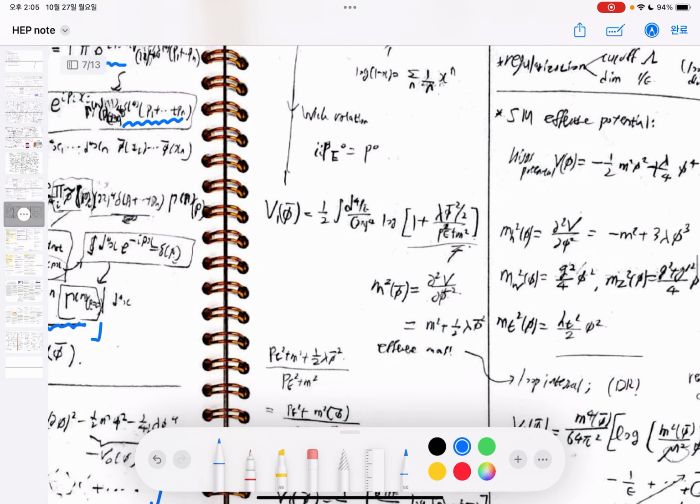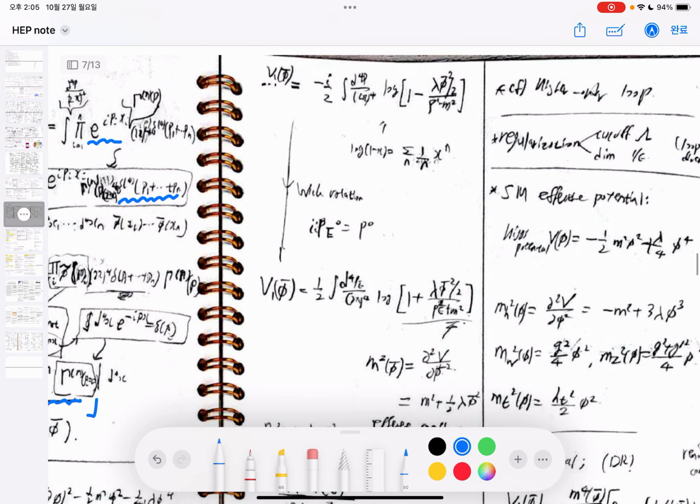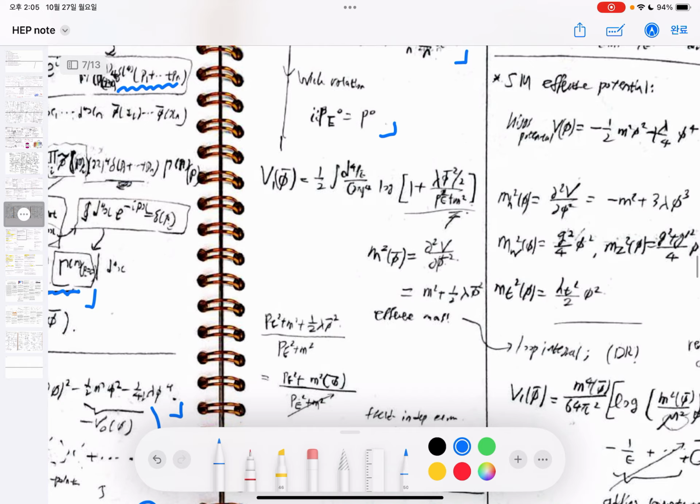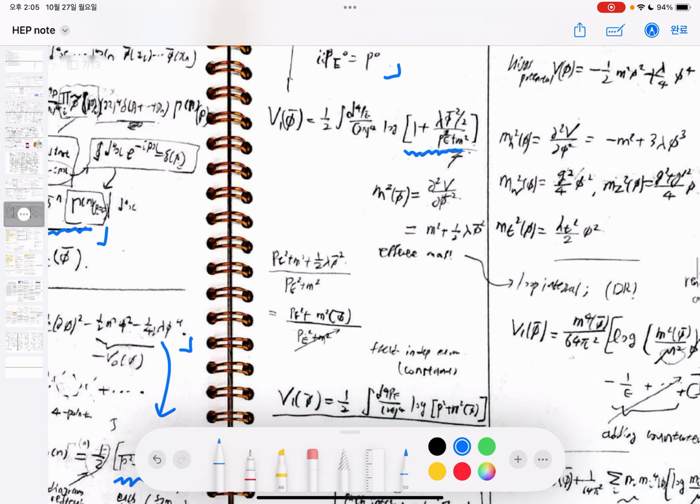This can also be obtained by the path integral formulation, using the identity of the logarithm function, series expansion, and after the Wick rotation to Euclidean space, we can obtain the one loop effective potential at zero temperature. The inside of the log term can be rewritten with the effective mass, which is the quadratic coefficient of the potential.